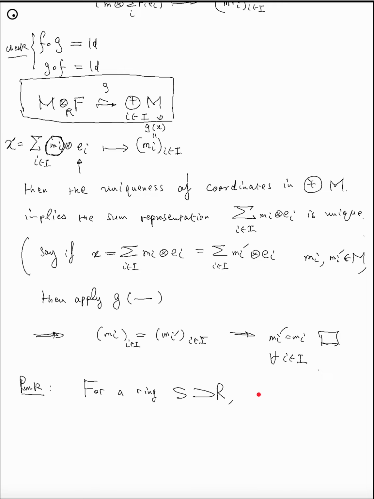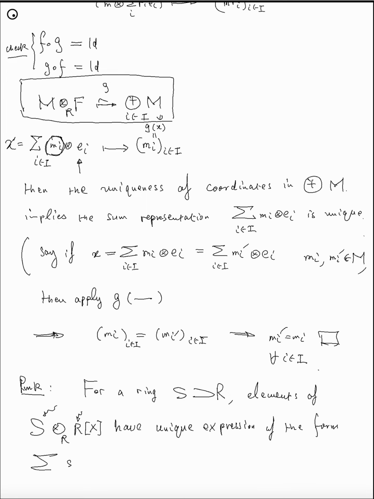For a ring R containing S, the tensor product of S with R[x] is a free R-module, by the exercise we just proved, with a unique expression of the form sum s_i tensor x^i, because x^i, for i greater than or equal to 0, forms a basis as an R-module for R[x].